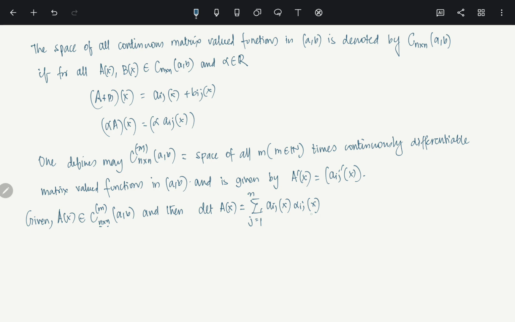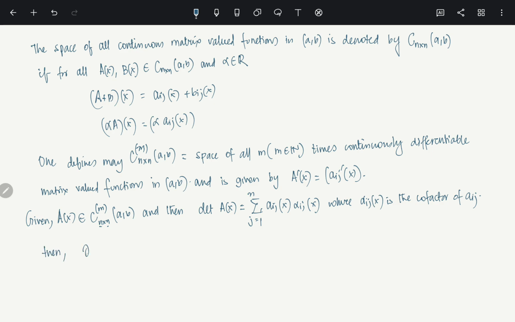And you see this alpha_ij of x, essentially this will be your cofactor, where alpha_ij of x is the cofactor of a_ij. Okay, right.